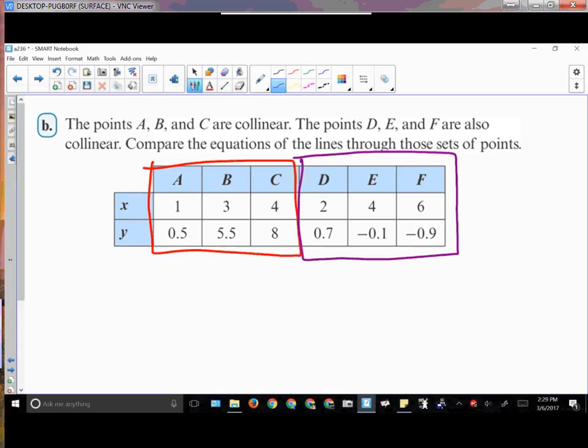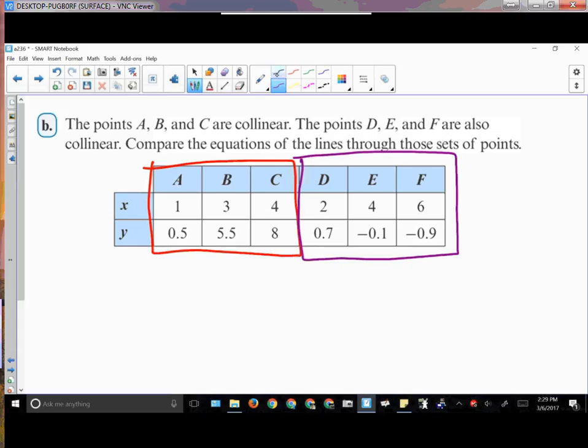Now, we're supposed to compare the equations of the lines through those sets of points. So I got to come up with the equation. First offhand, does it matter which points I choose? Should it matter which points I choose? No. Choose whatever points that I want.